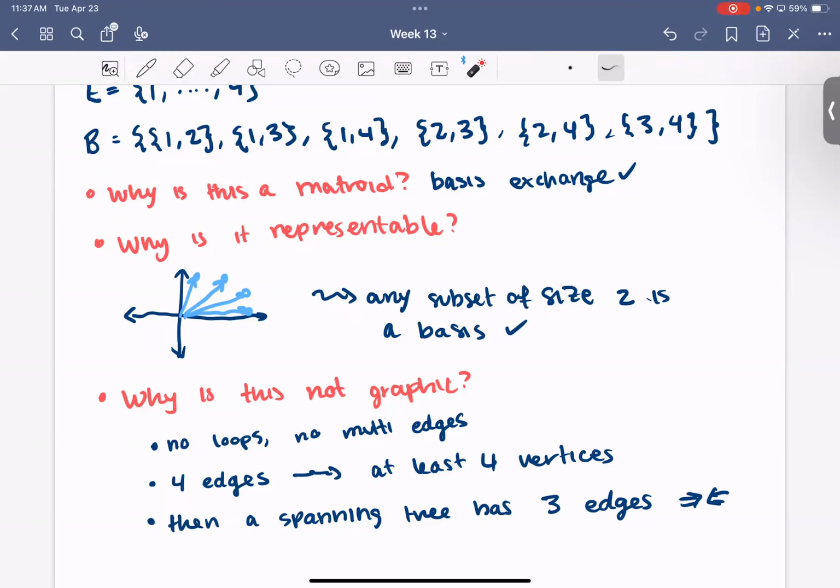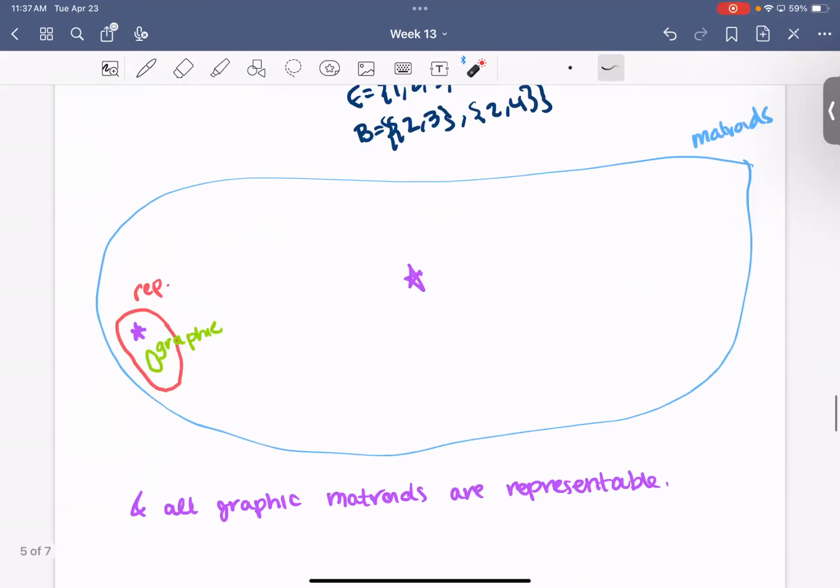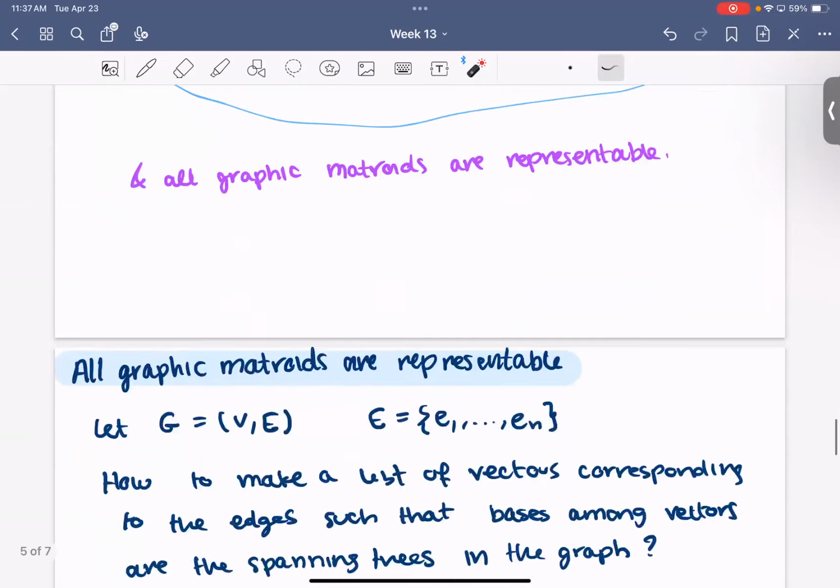Okay, so going back to the picture. That was an example that lives here. And now let's see an example that lives out here in the non-representable stuff.